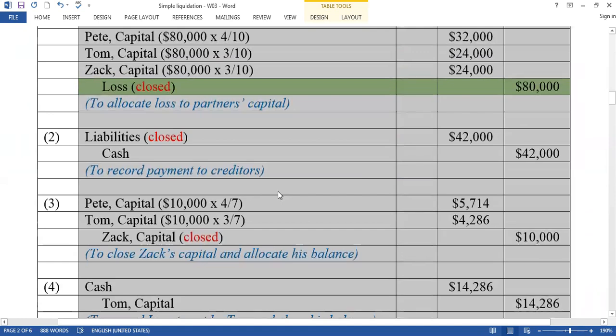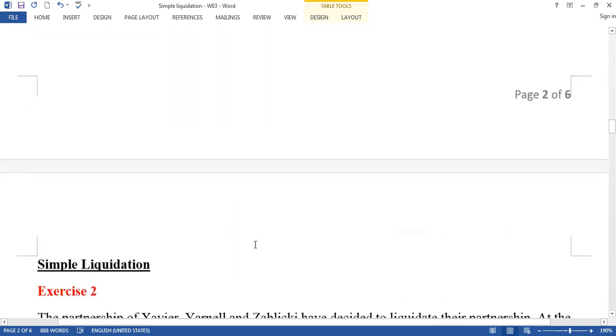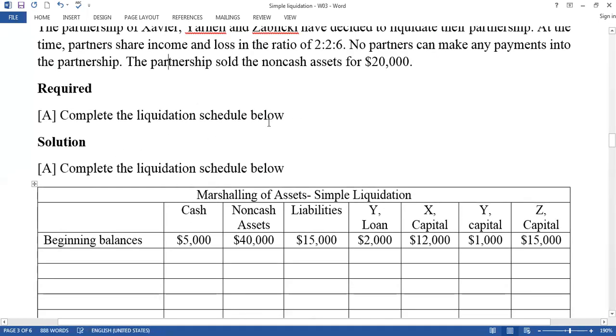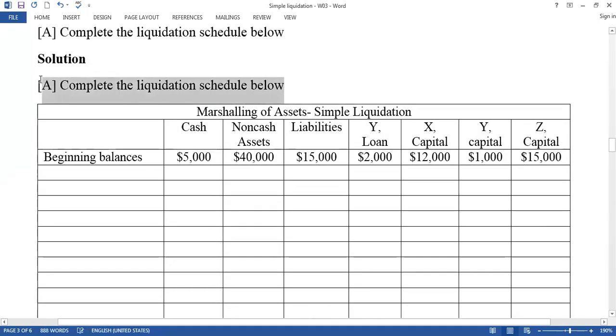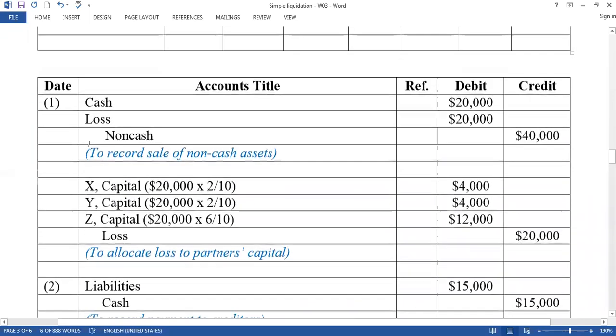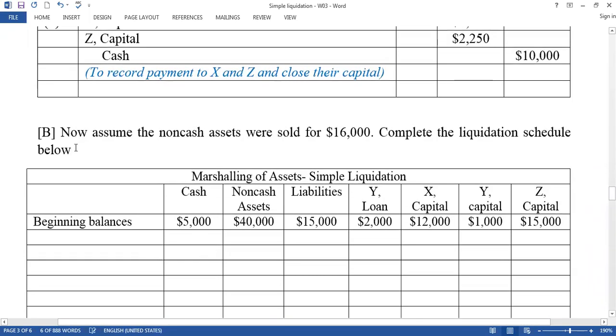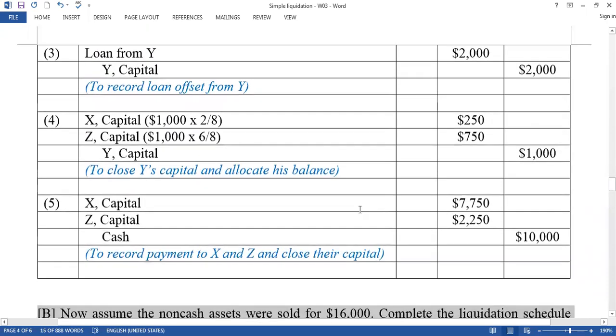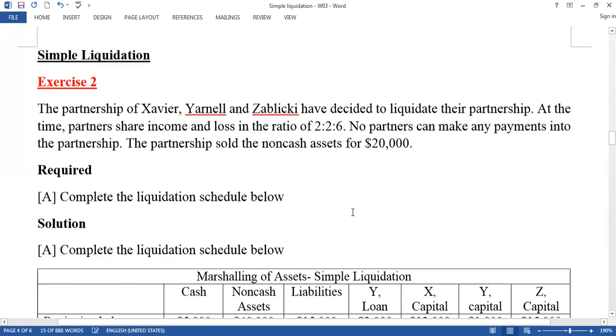It will help you to know the topic more easily. So we are now in exercise 2. Exercise 2 has two parts, part A and part B. First I will solve part A, then I will give you some work later to solve part B. So try to understand part A very well.